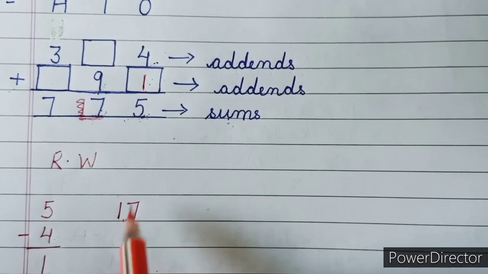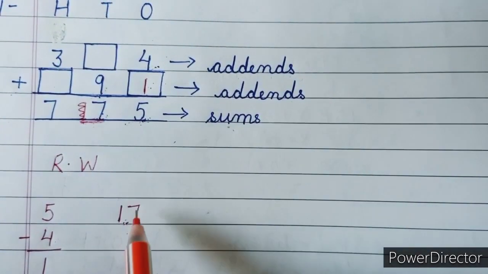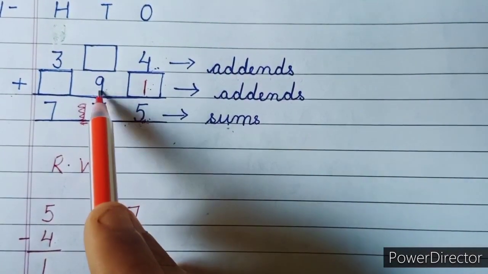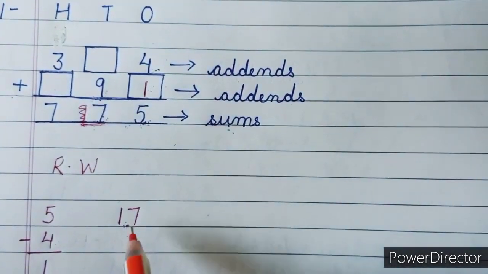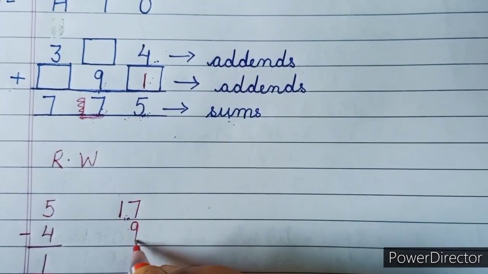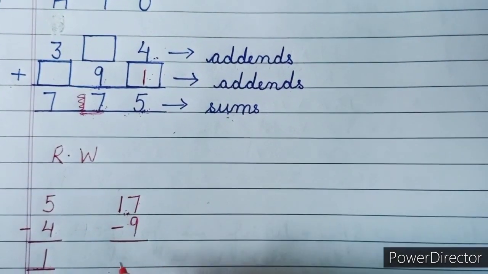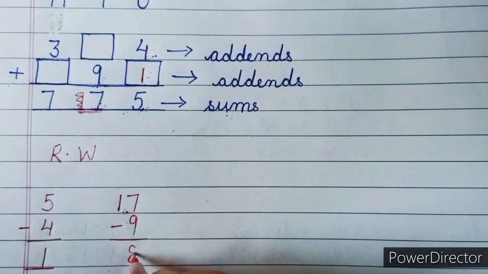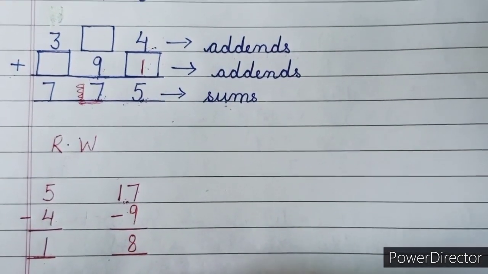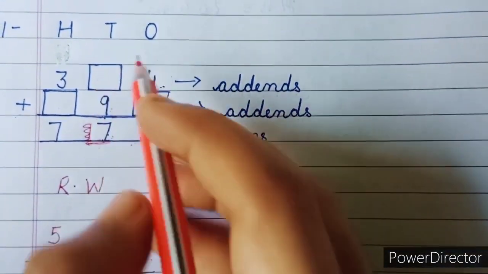Now we will subtract 9 from 17. This 9 is the addend, so write 9 here. Look here, 17 minus 9 is 8. So we'll write 8 in this box.